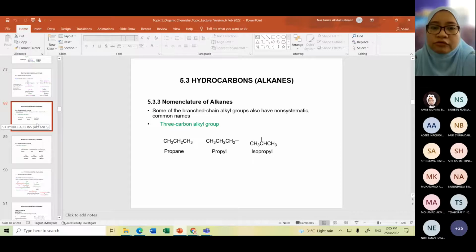You have to be aware of those, because if any of them is missing in the name, definitely marks will be deducted. So it is compulsory for you to follow all the steps in order to get the correct name of the compound.